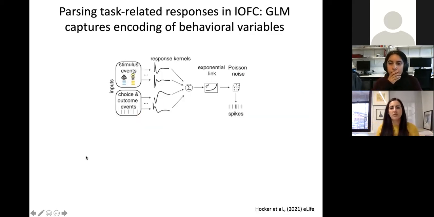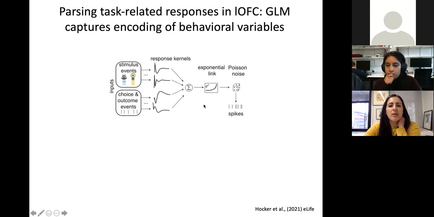Okay, so then the question is, do neurons in a particular cluster have specific types of responses? To get at that, we built an encoding model, or a GLM, which tries to capture how the neuron responds to different events in the task. It does that with response kernels that are convolved with either stimulus events, here clicks and flashes, or behavioral events like choice and reward outcome.